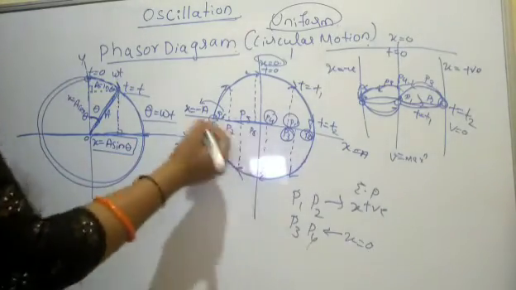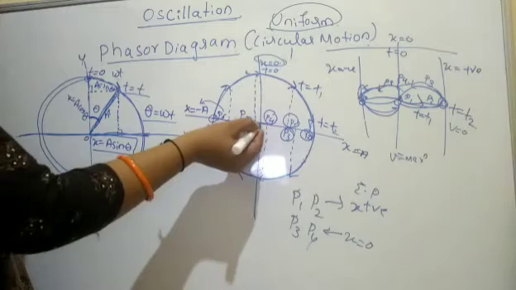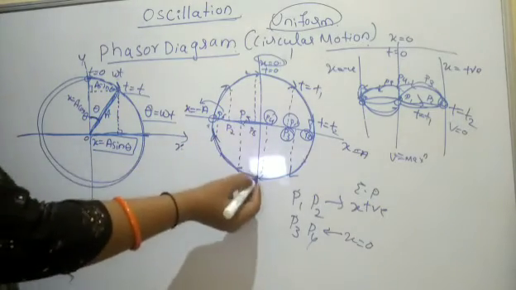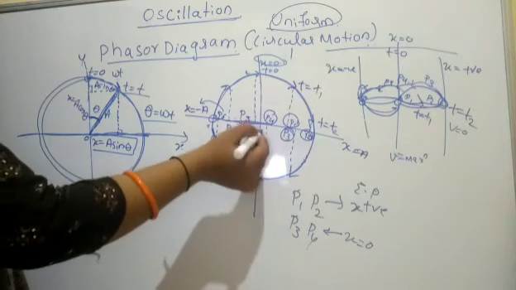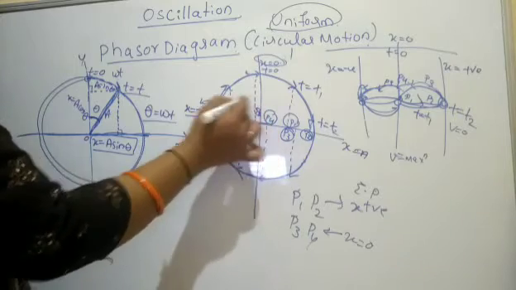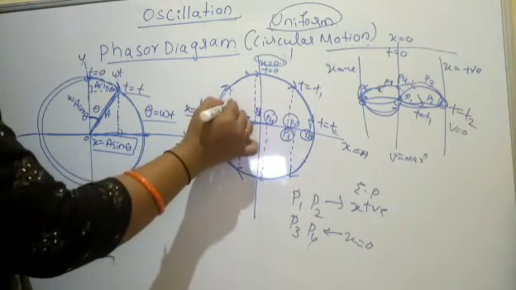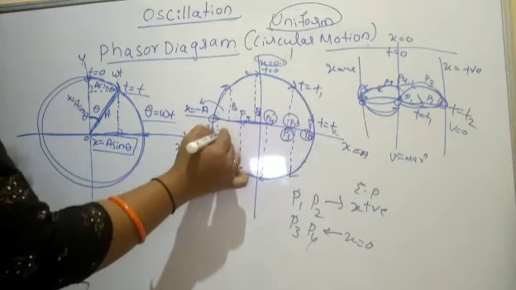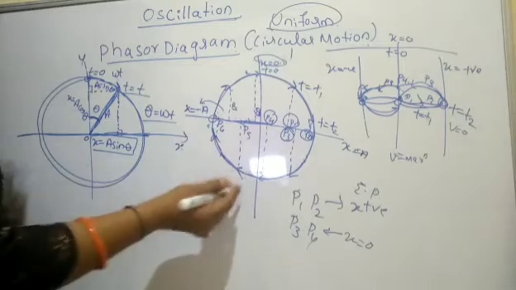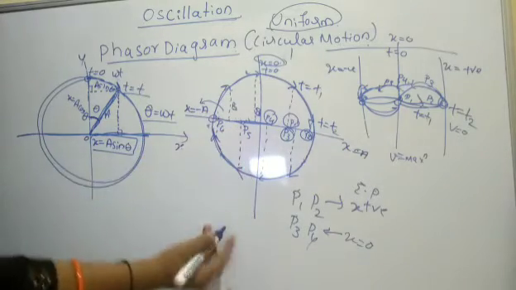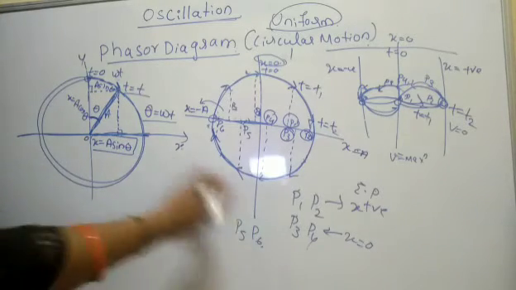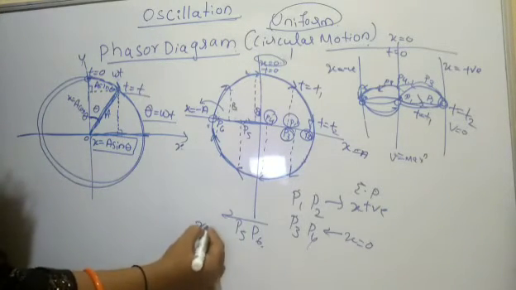Again, look at here: P5, P6. Correct? So P5 it is, and this is for P8, P7. I'll write it down here so that I will not get confused. P5 and P6: in which part is it? P5 and P6 are moving in the negative extreme direction.